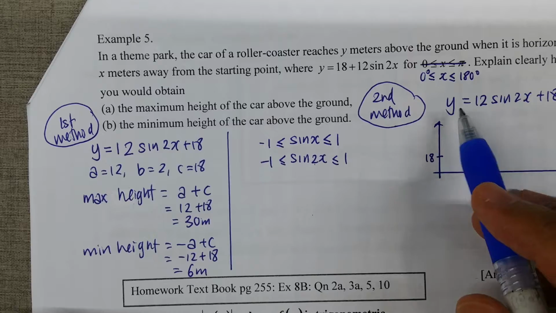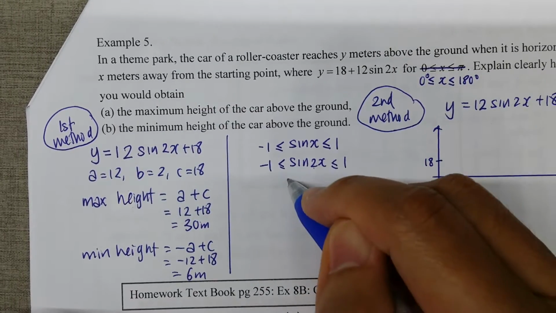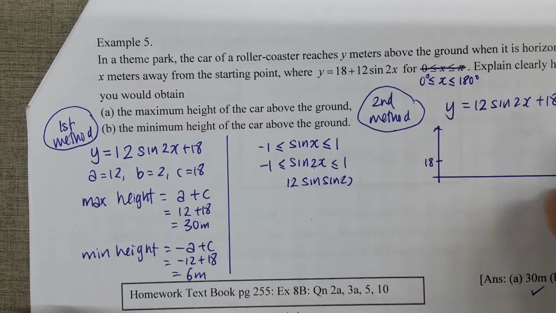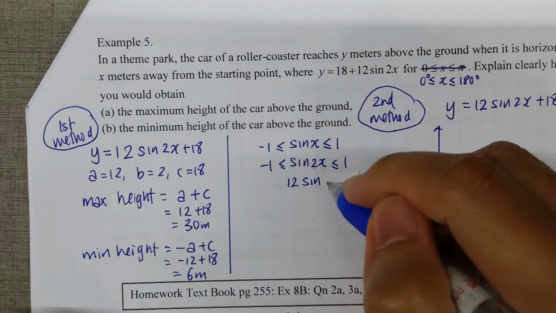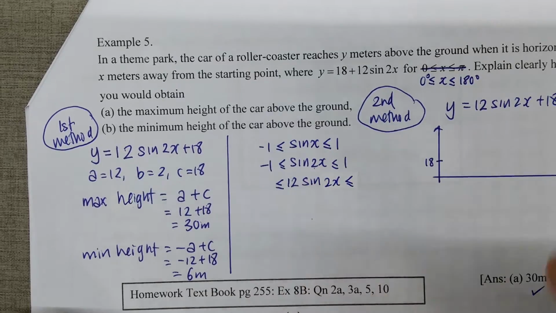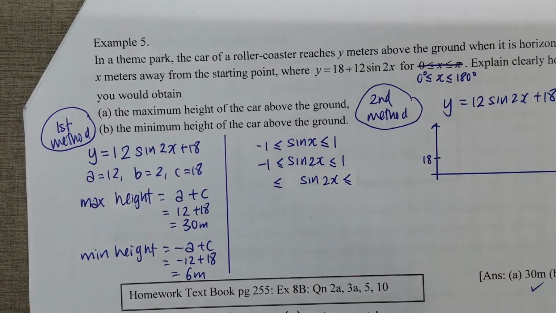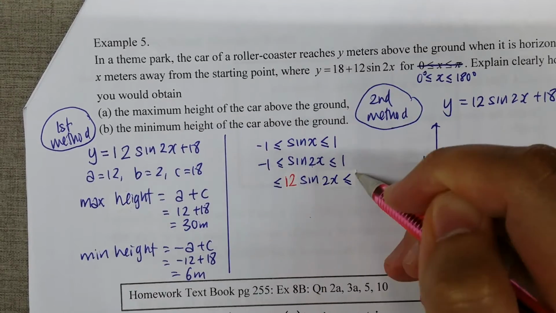Okay? But when I multiply by 12, what happened to the graph? Multiply by 12. I multiply sine 2x by 12.